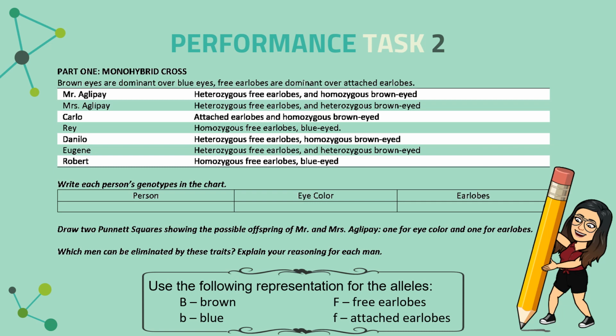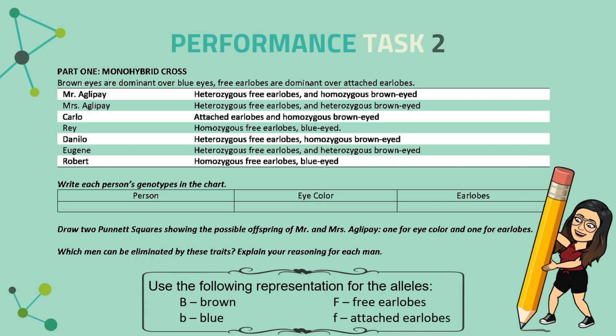This activity has 3 parts. For part 1, you need to identify the genotype of the persons involved based on the given table. Then, draw the Punnett squares showing the possible offspring of the couple based on the given traits. Finally, explain who will be eliminated based on the process.